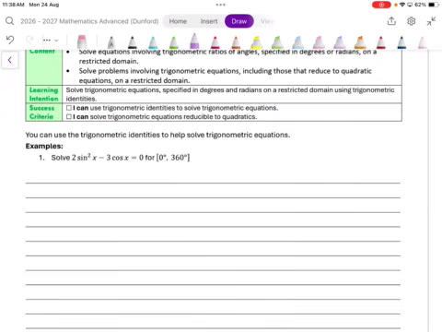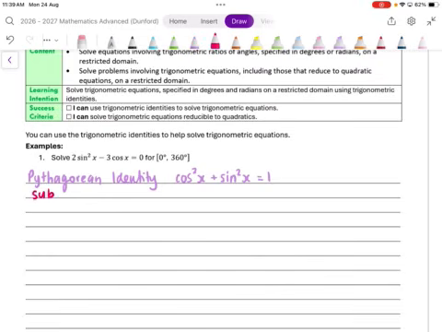Now we can use our Pythagorean identity, which is on our reference sheet, which is cos squared x plus sine squared x equals 1, and we can make sine squared x the subject.